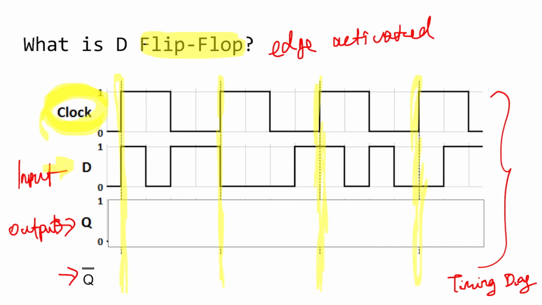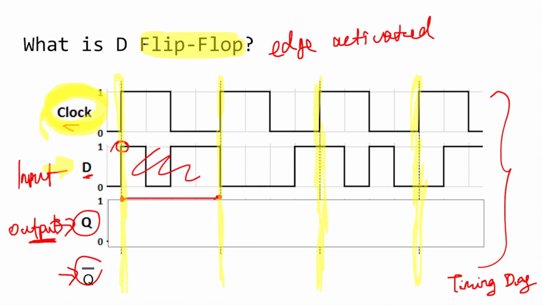Now what we would do here is we would try to write out the output for Q and Q bar according to the clock and D that's given. So let's start on the first rising edge. So in this first rising edge, we're going to see what's the current D. So if the D is at 1, then this would be 1 until the next rising edge, right?